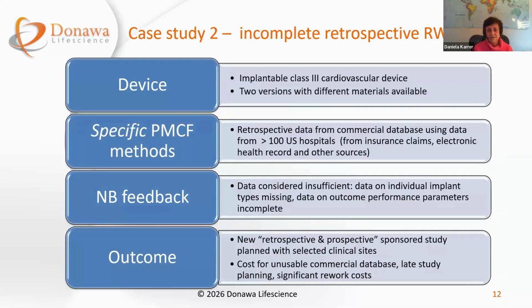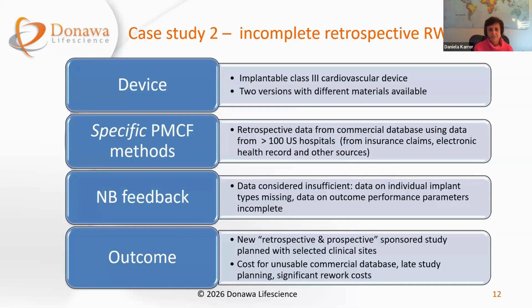In this case, there were indeed specific PMCF methods planned, and they included the purchase of retrospective data from a commercial database. There are companies that offer this service. These data came from more than 100 US hospitals, from electronic health records, insurance claims, etc. There was a lot of retrospective data, but important data were missing, and the data were considered insufficient.